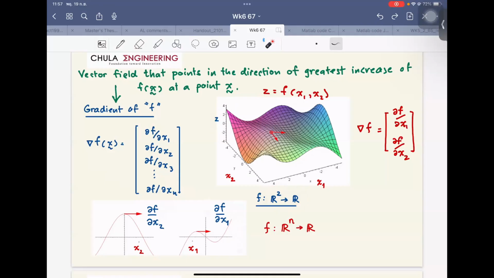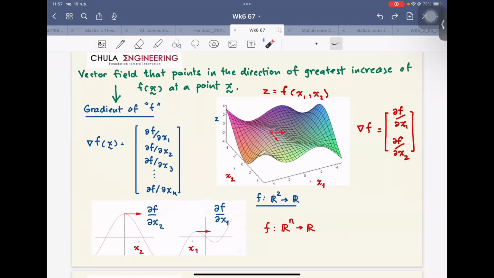Here's the surface defined by the function f. The height of the surface at a particular coordinate x1 and x2 represents f.